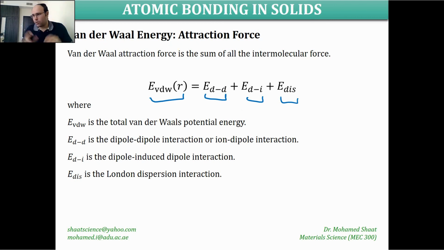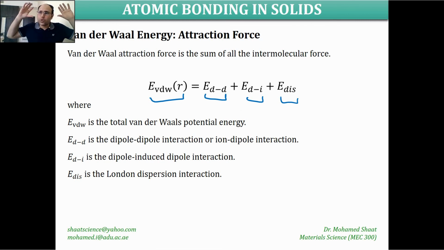So the van der Waals force is the sum of the three interactions that could be generated between any two molecules. In case that we do have two polar molecules, how many terms should the van der Waals force or energy have? It will have three terms. One term is due to Dipole-Dipole interaction, the second term due to Dipole-Induced interaction, the third term due to dispersion.